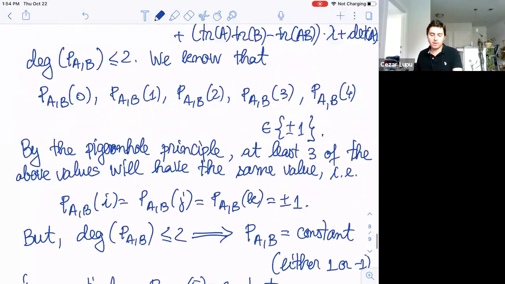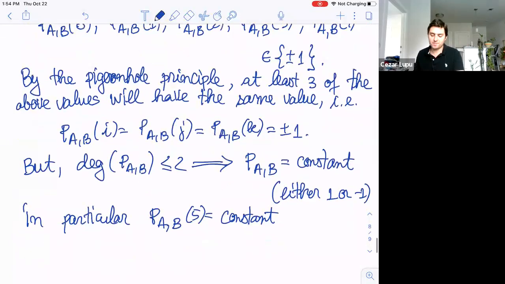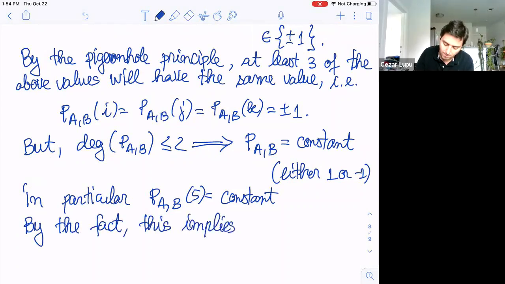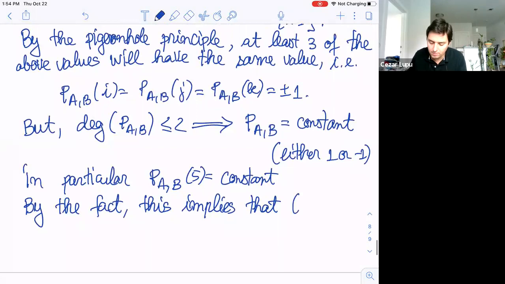So by the lemma, because it's an if and only if, this implies that A plus 5B is invertible.